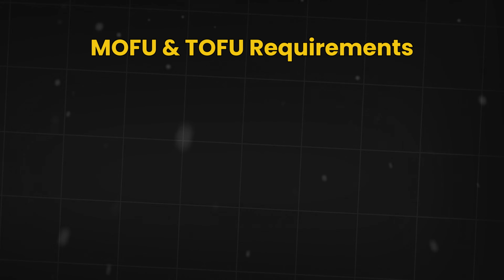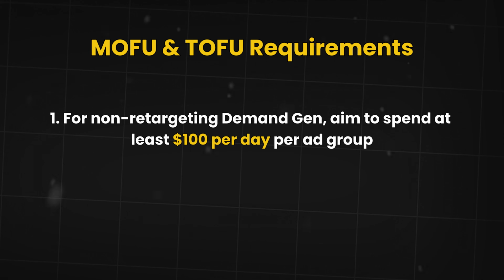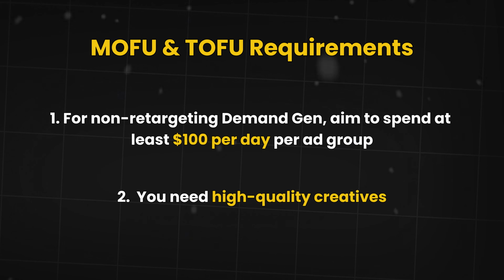A couple of key requirements here is that first, when it comes to non-retargeting demand gen, you should aim at spending $100 per demand gen ad group per day at least. This is an official Google recommendation. Second, you need high-quality creative assets to make these campaigns effective.